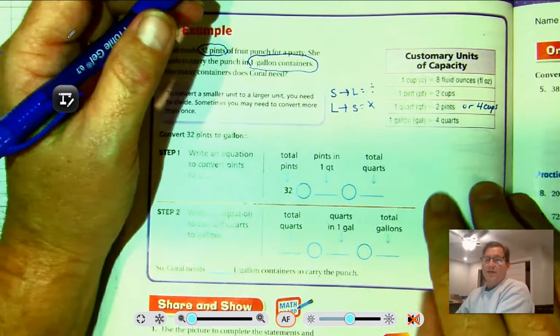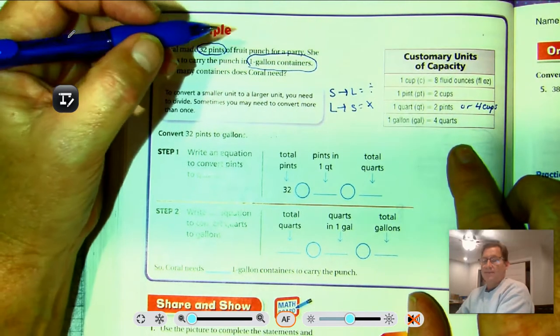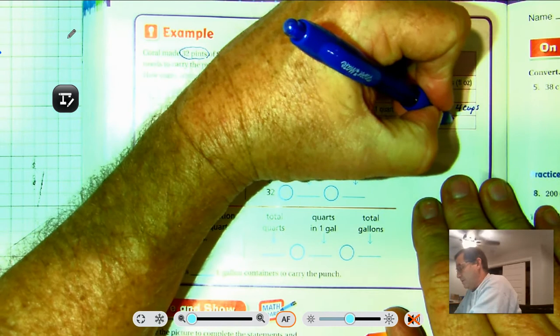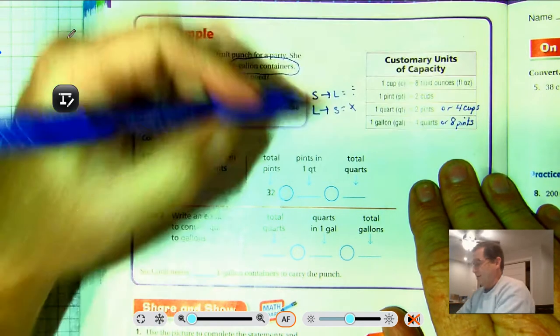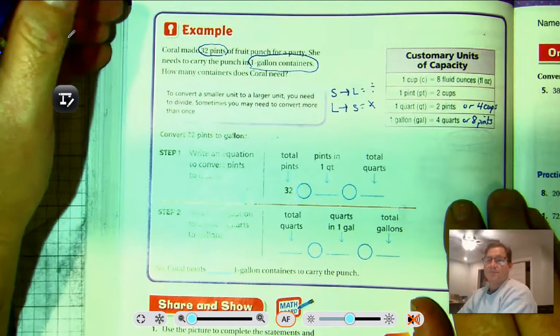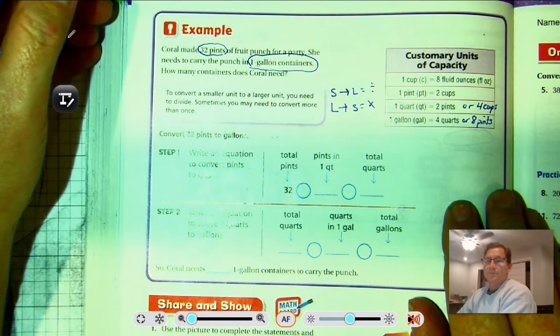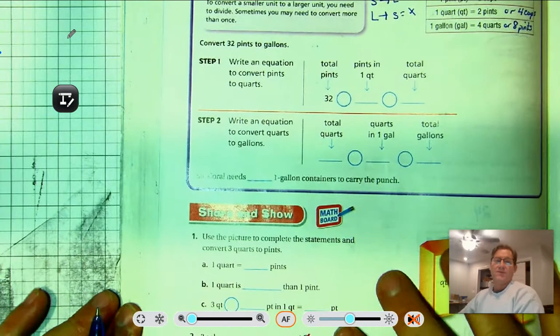And we can say that 1 gallon is equal to 4 quarts, or 8 pints, because every quart is 2 pints. All right, so keep that in mind as we do these.